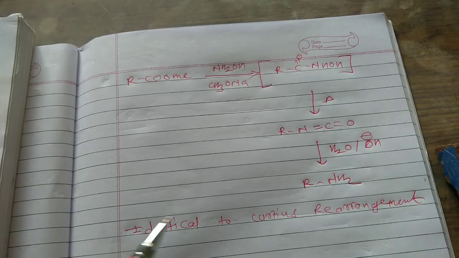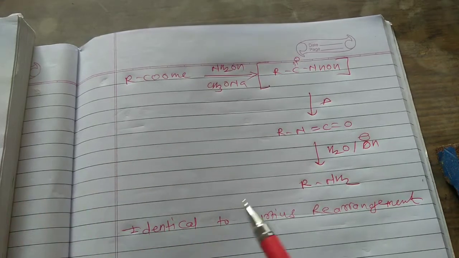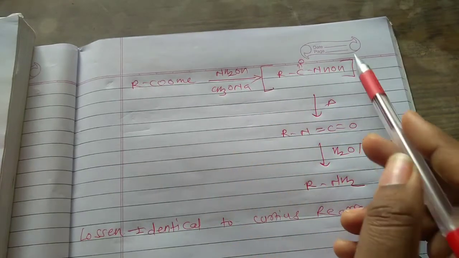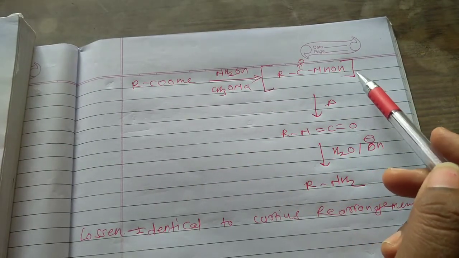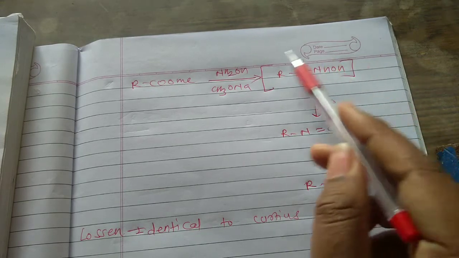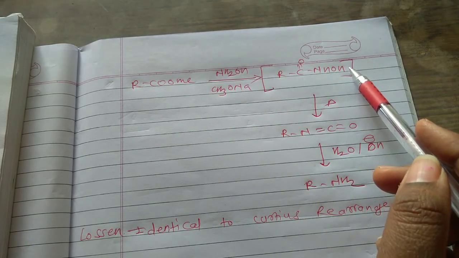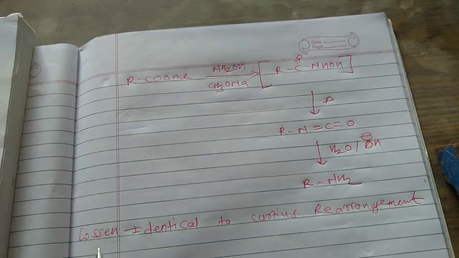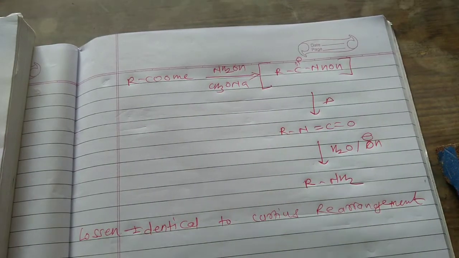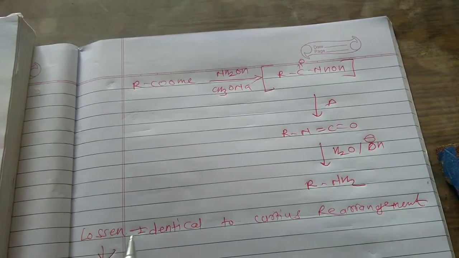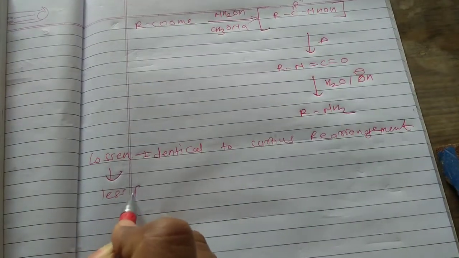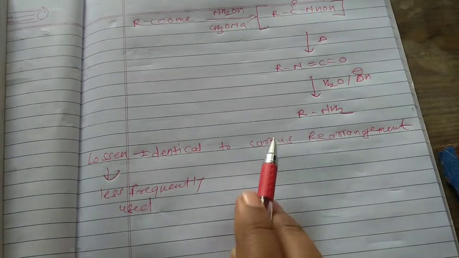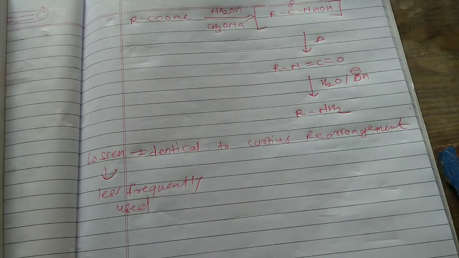That's why in the Lossen rearrangement the preparation of this hydroxamic acid, the precursor for the conversion into the isocyanate, is quite difficult, and that's why the Lossen rearrangement is less frequently used than the Curtius and the Schmidt rearrangement reactions.